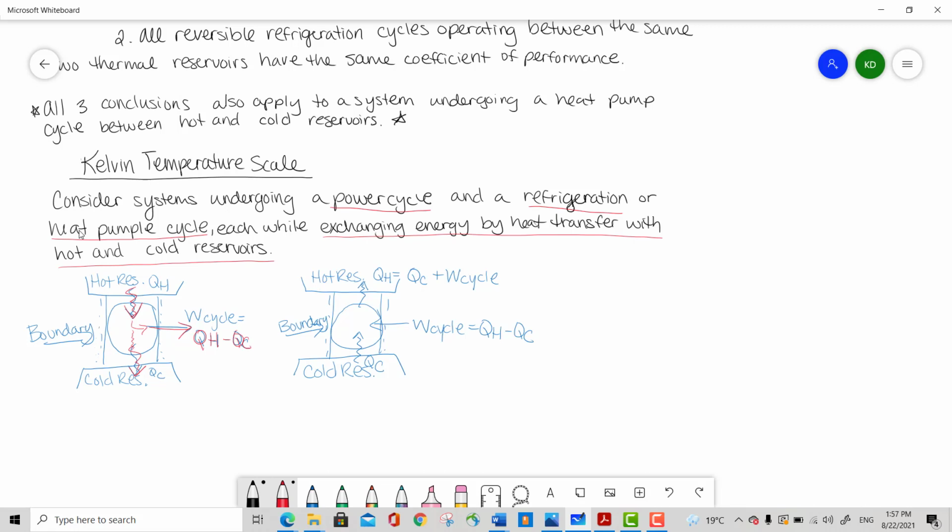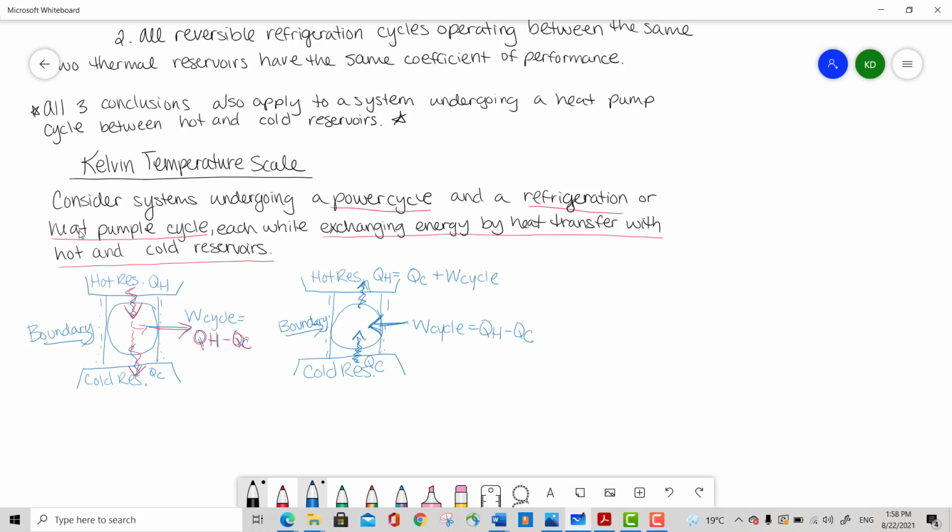But if you're trying to do the opposite, right? So if you're trying to do cold to hot, well, then you're going to have to input some work from an external force to get that cold to force naturally on the hot reservoir, because we know that the natural law is that heat flows from hot to cold.